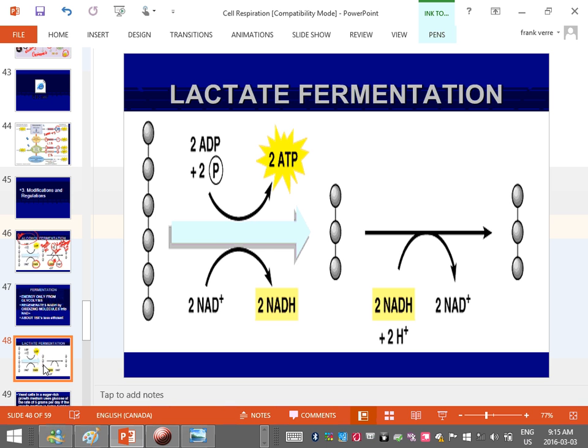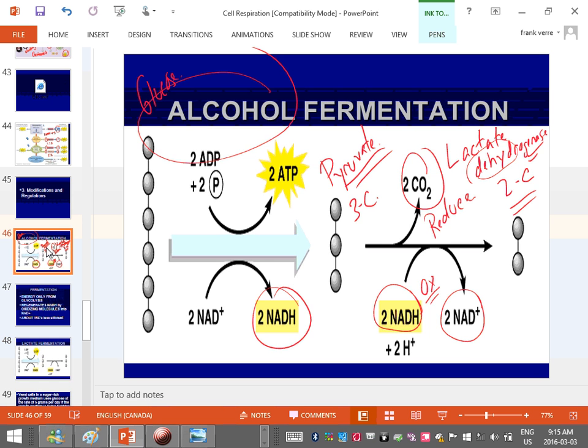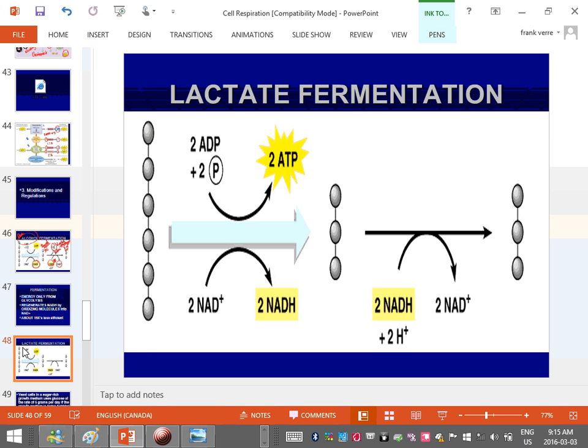Here's lactic acid fermentation. This is what we do, okay? Yeast do this. We do this. It's almost exactly the same. You still have your original glucose, which becomes pyruvate. This is still the same.